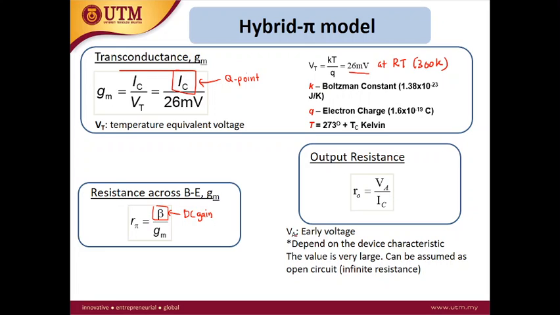VA is the early voltage, a value that depends on the device characteristic, and it is usually quite large, so r_o also becomes very large. That's why in most cases we will assume r_o is equal to infinity, and we will not consider r_o.